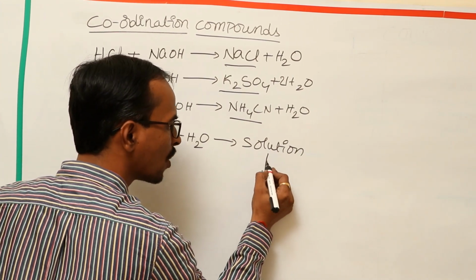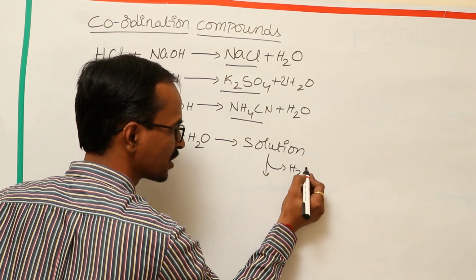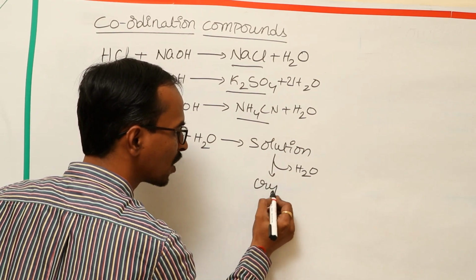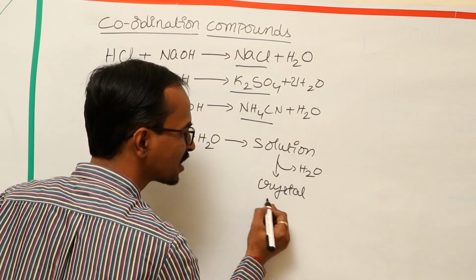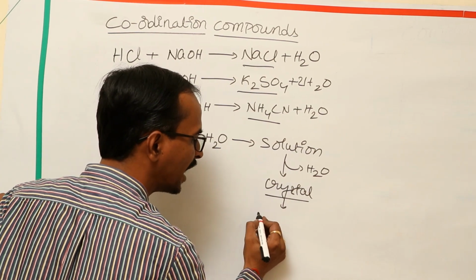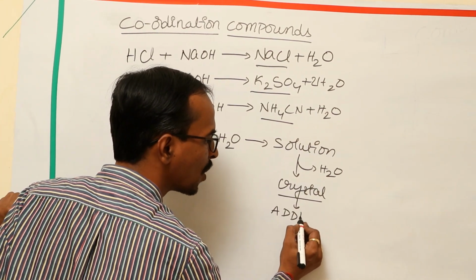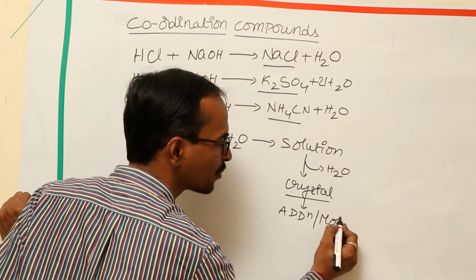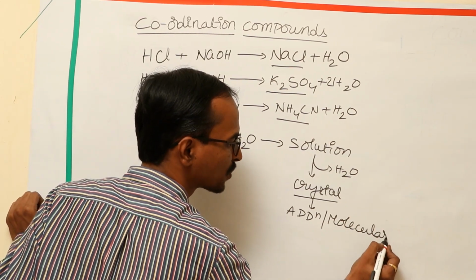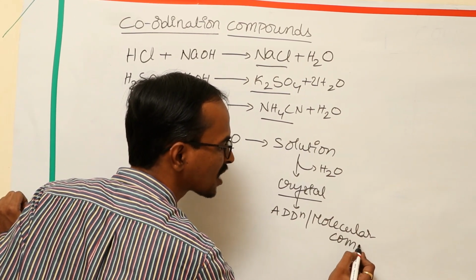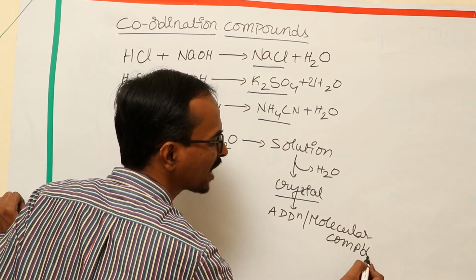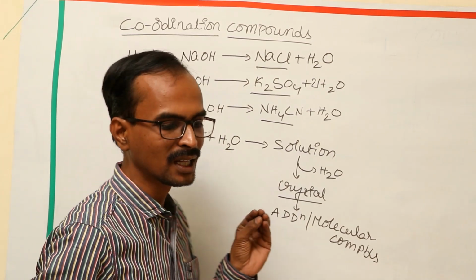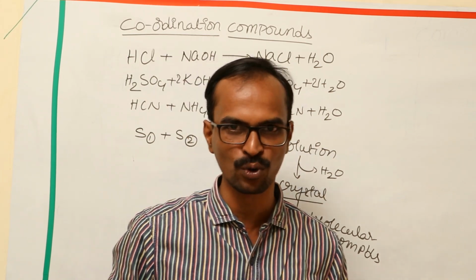Then we get a few crystals, and these crystals are called addition compounds or molecular compounds. Here these two salts are simply added in stoichiometric, simple proportions.